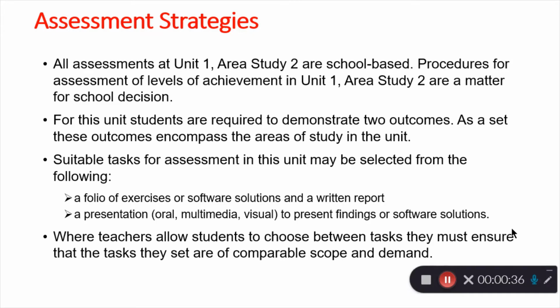Suitable tasks for assessment in this unit may be selected from the following: a folio of exercises or software solutions, and a written report, a presentation, oral, multimedia, visual, to present findings or software solutions. When teachers allow students to choose between tasks, they must ensure that the tasks they set are of comparable scope and demand.